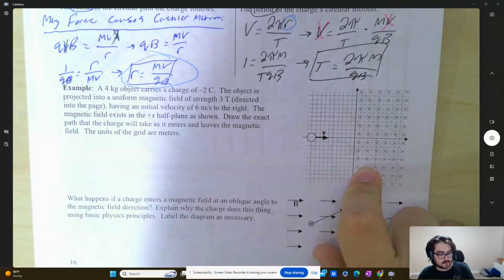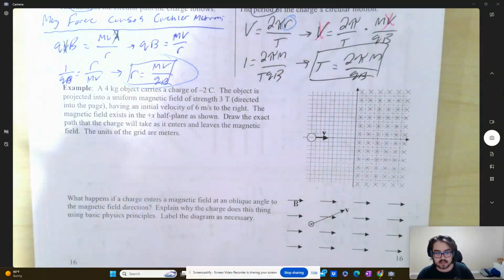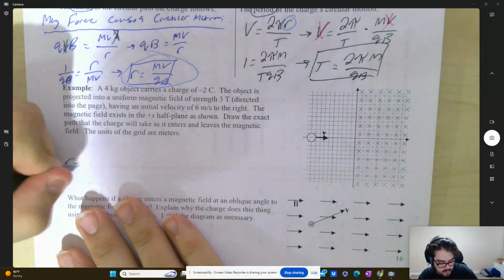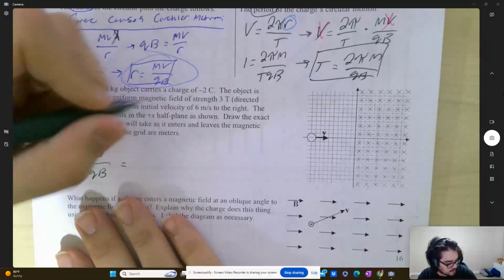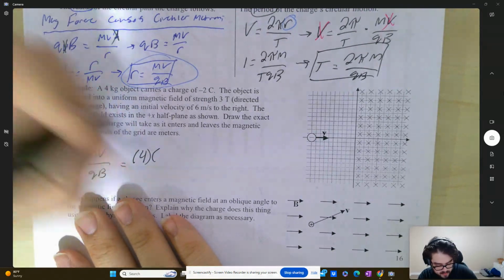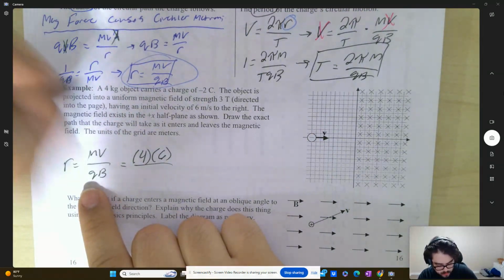Well, the easiest thing to do is figure out the radius of the motion, and we just gave ourselves an equation for that, right? So we can do r equals mv over qb. The mass of the object is 4, the velocity is 6, and the charge is negative 2.